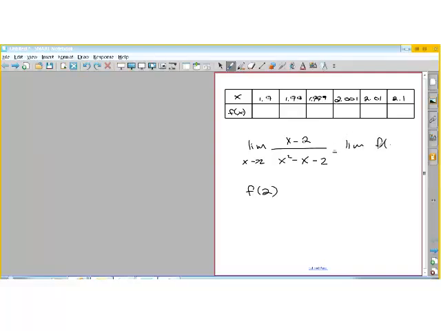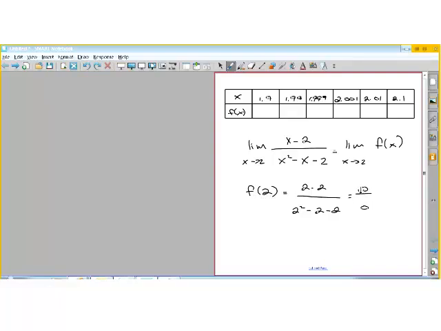So what we're doing is we're taking the limit of f of x as x approaches 2. So if you did f of 2, you'd get 2 minus 2 divided by 2 squared minus 2 minus 2, which is 0 over 0, since 2 minus 2 is 0, and 4 minus 2 minus 2 is 0.